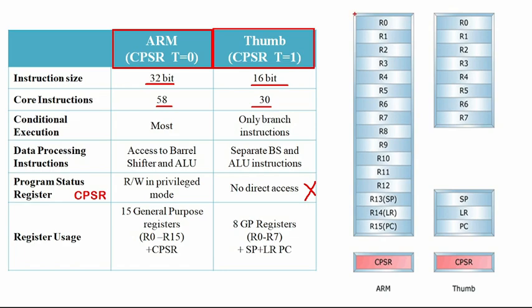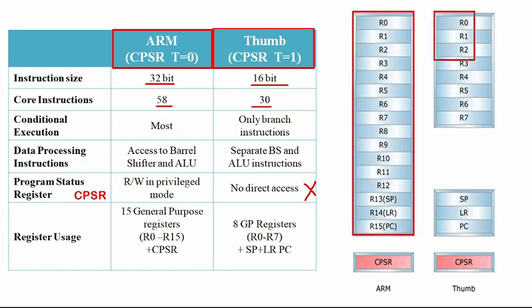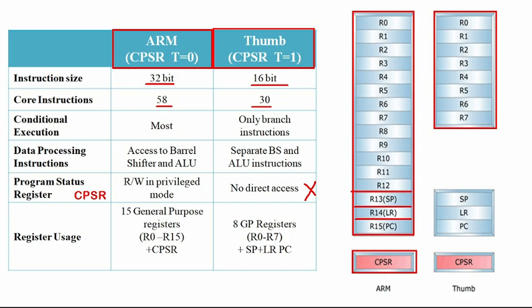In ARM mode, I can access R13 as the stack pointer, R14 as the link register, R15 as the program counter, and the CPSR register. And here also the same: stack pointer, link register, and program counter. So these are all the major differences between ARM mode and thumb mode.